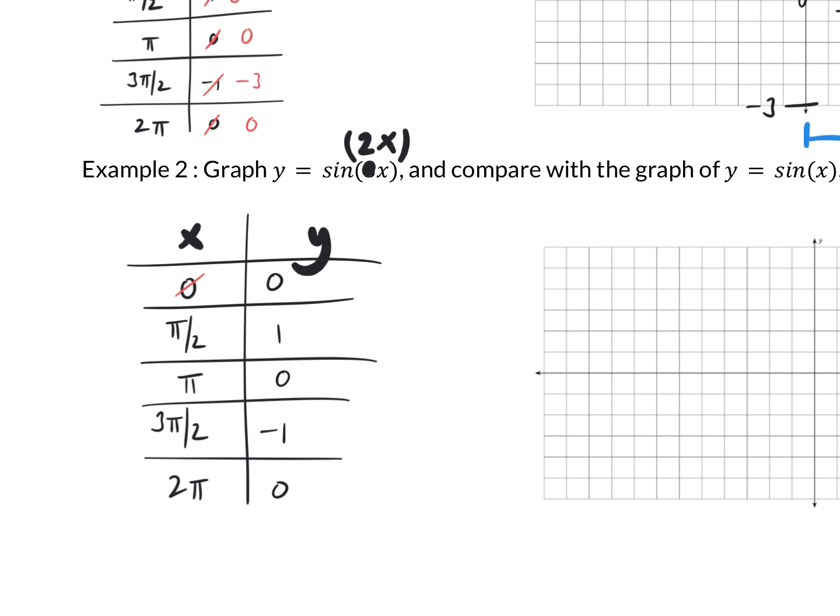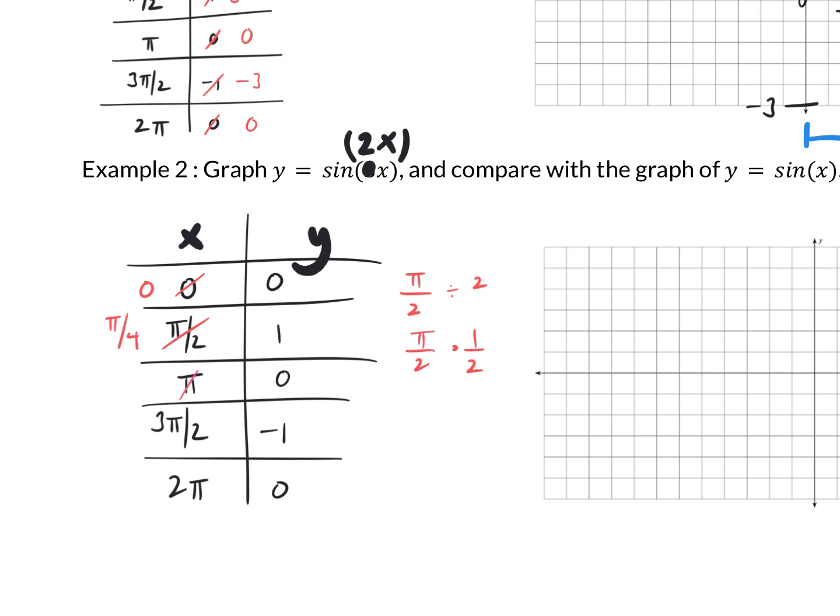All of my x values. So 0 divided by 2 is going to give me 0. If I take pi over 2 and I divide by 2, if you need to write that out, that's okay. Pi over 2 divided by 2, or times 1/2, right? What's that going to give me? Pi over 4.